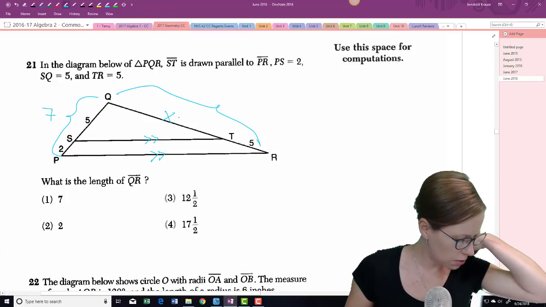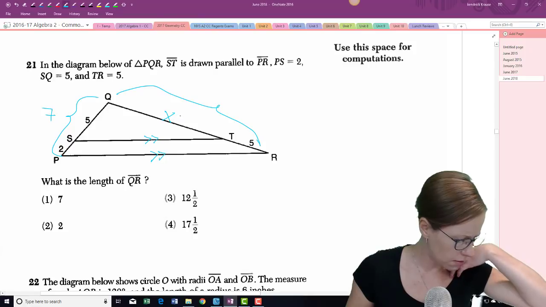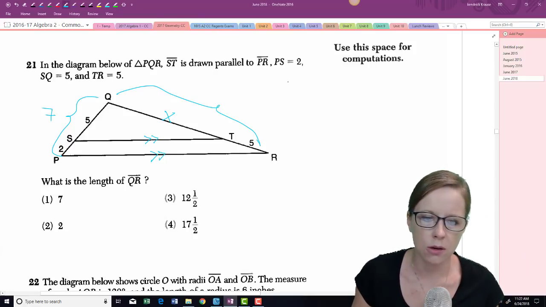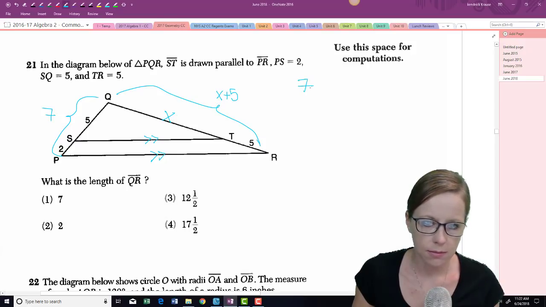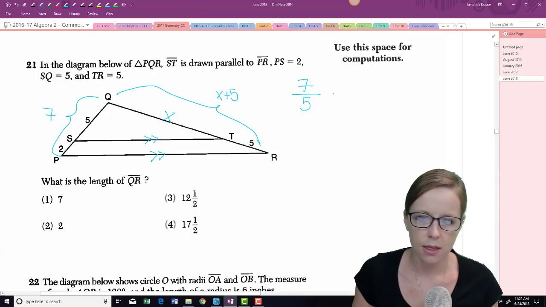You could also do this a different way. So this whole side is x plus 5. I guess I can't really do it a different way. So big triangle, 7, matches with small triangle, 5, equals big triangle side x plus 5 over small triangle x.